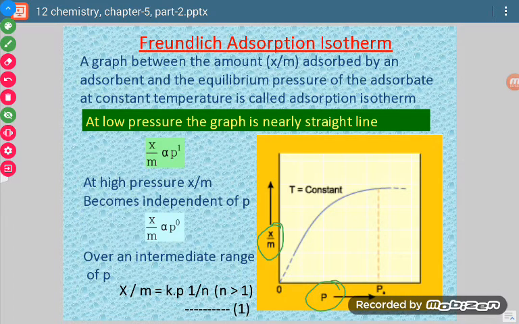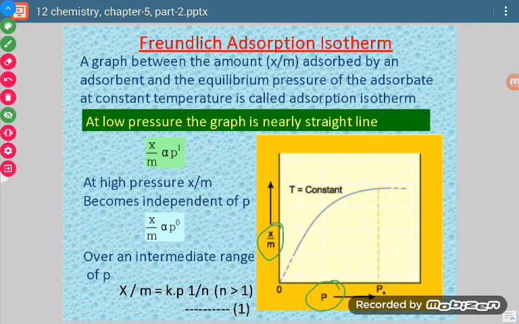Here x means amount of adsorbate and m means amount of adsorbent, and x by m gives us the value of extent of adsorption.